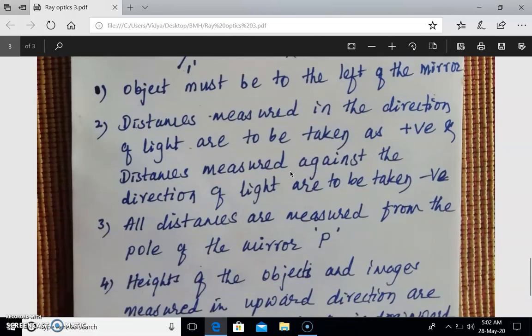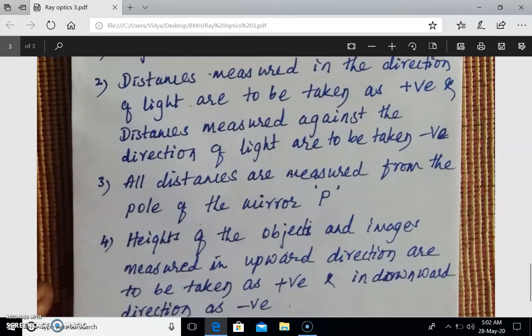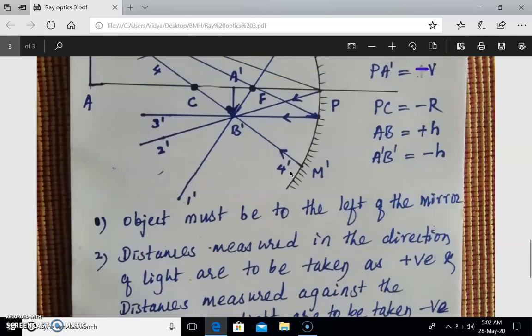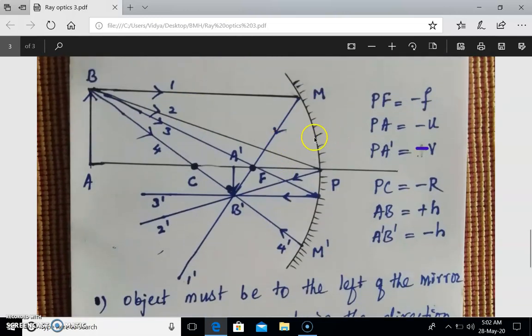All distances are measured from the pole of the mirror P. The third convention: heights of the objects and images measured in upward direction perpendicular to the principal axis are to be taken as positive, and the heights of the objects and images measured in the downward direction perpendicular to the principal axis are to be taken as negative. These are the four Cartesian new sign conventions.